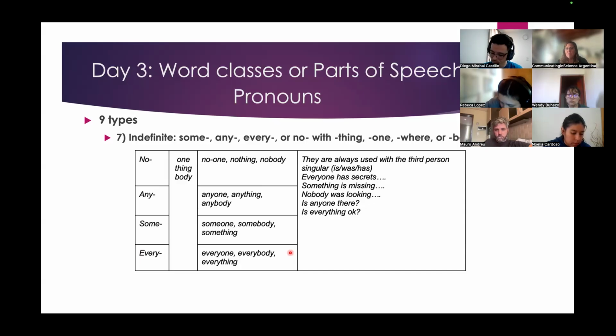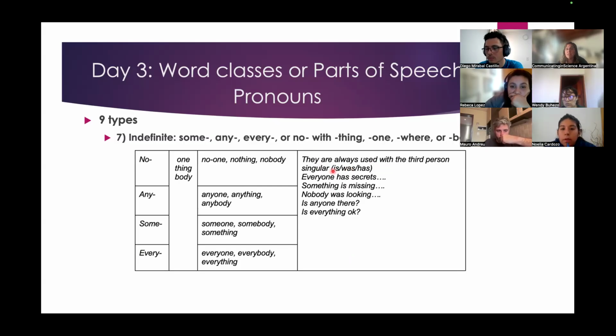Nothing, nada. It's not referring to a particular thing. Anybody, anyone, anything, cualquier cosa, cualquier persona. They are always used with the third person singular.